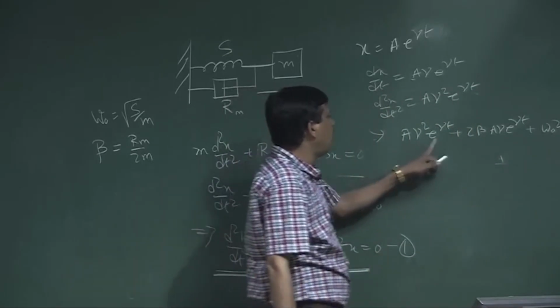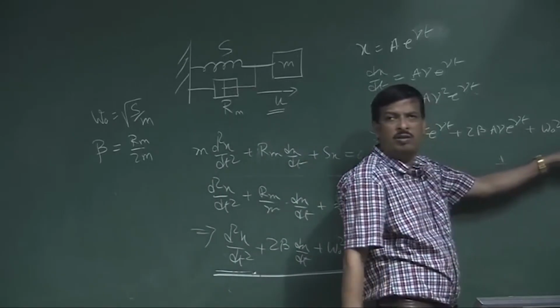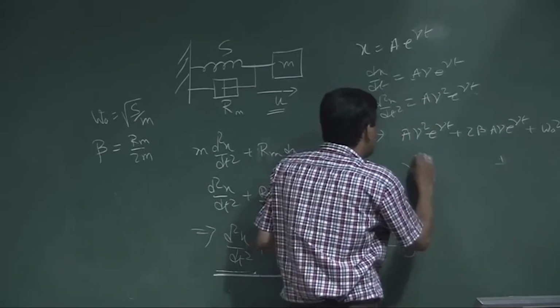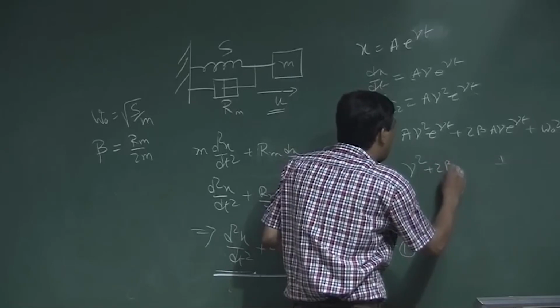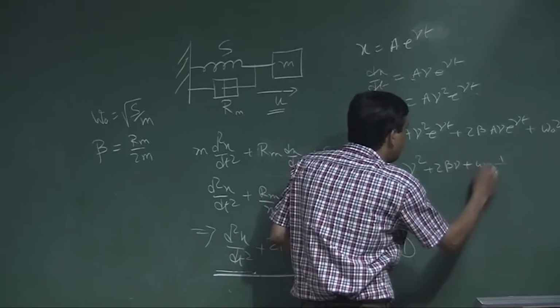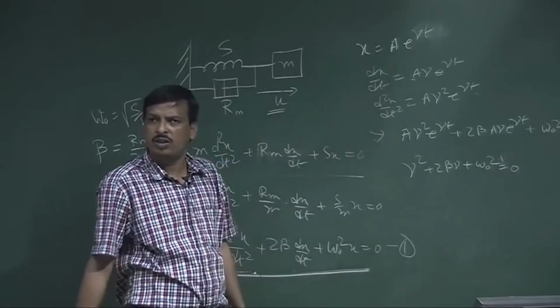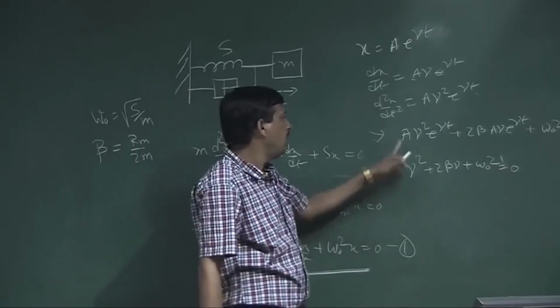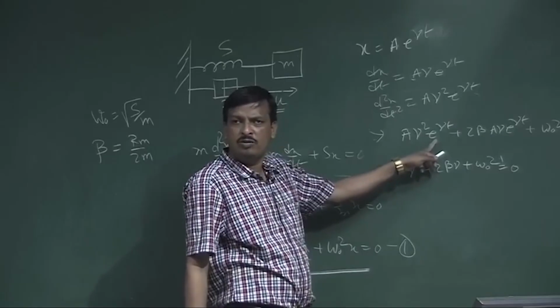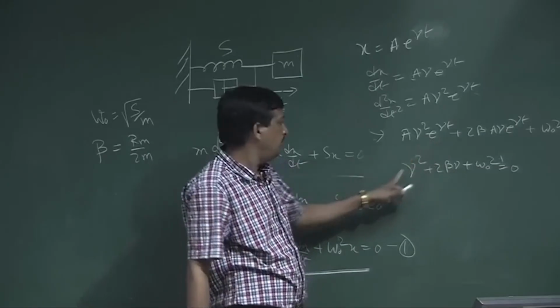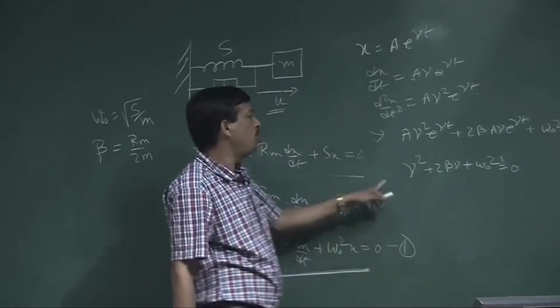So, a e to the power gamma t is common to all. So, I can write gamma square plus 2 beta gamma plus omega 0 square is equal to 0, since a e to the power gamma t is not 0. So, what is the solution for gamma?